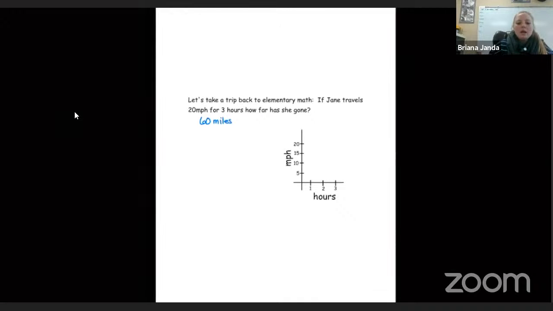Now we can make that a little bit more official by saying, well, we know our distance formula is rate times time.